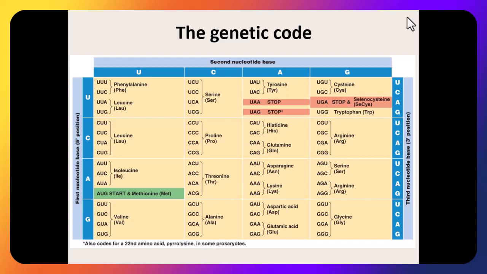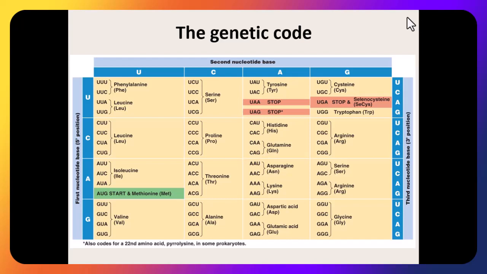For example, all 4 of these codons, these 3-letter sequences, are all different sequences, but they all code for the same amino acid. And the transfer RNA can read those different codons. Now, there are some bacteria that have a couple other amino acids, but I'm not going to focus on those because they do have a couple more than just the 20.